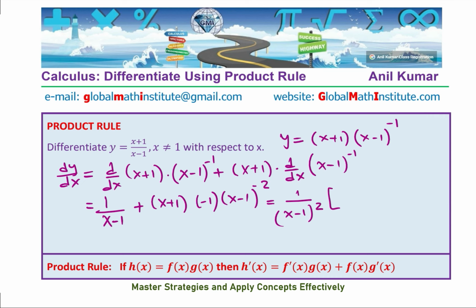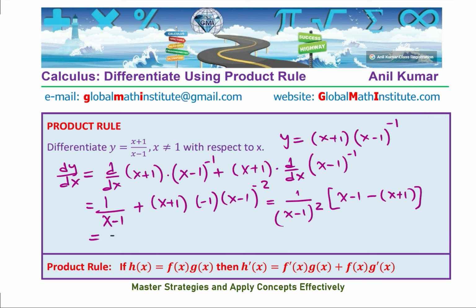Then we are left with x minus 1 from the first term, and the second term will be minus of x plus 1, right? So minus of x plus 1. So in the numerator, we have x minus x.